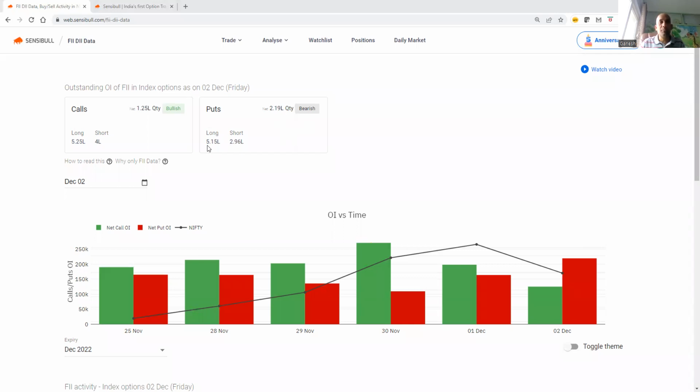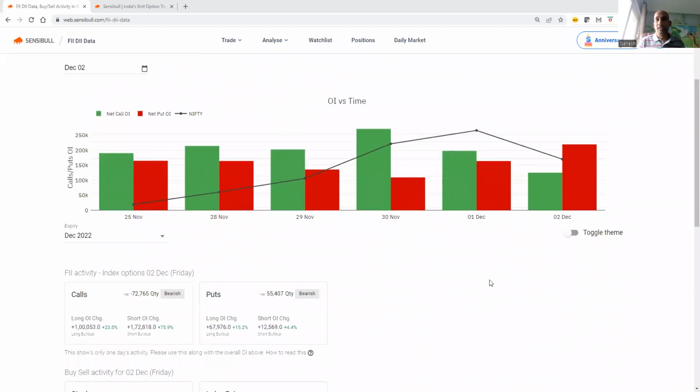Overall it shows how many long, how many short, net. So 1.25 lakh calls bought, 2.19 lakh puts bought. Overall, more puts bought than calls, which means FII index options are like this, which means it's bearish.